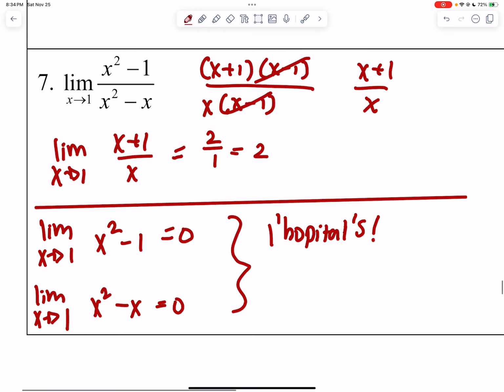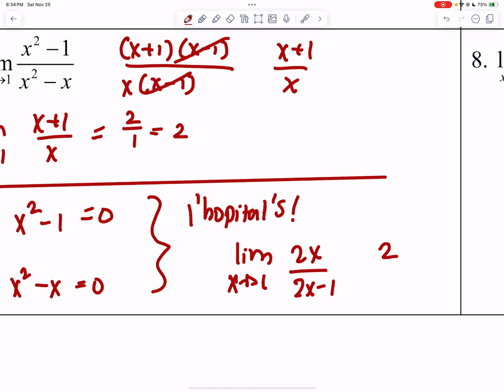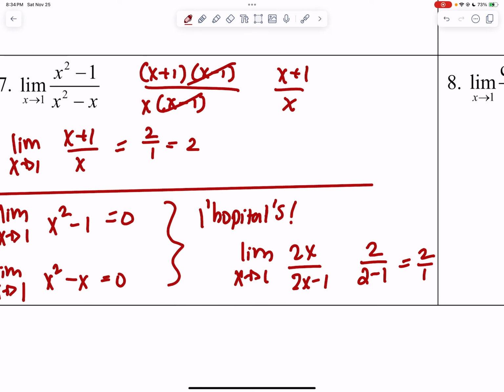So then you could say the limit as x approaches 1 of 2x over 2x minus 1. And then if I were to do direct substitution, I'm going to get 2 over 2 minus 1, which is 2 over 1, or 2. So either way, for this answer, you're going to get 2.